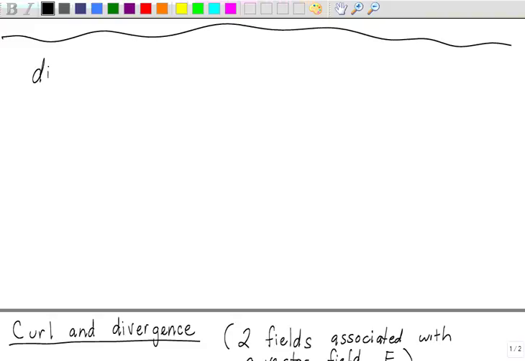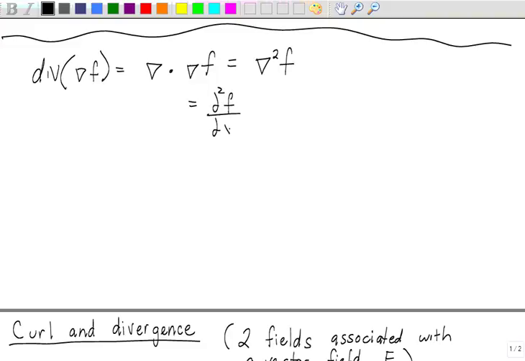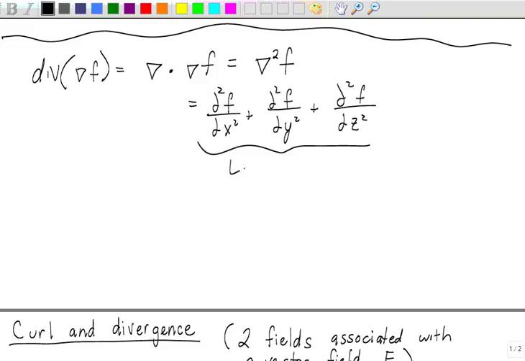Let's look at this. The divergence of the gradient of f is the gradient dotted with the gradient of f. So we can write that as del squared f, and those are the second partials with respect to x, y, and z, and you add them all up. This is called the Laplacian of f.